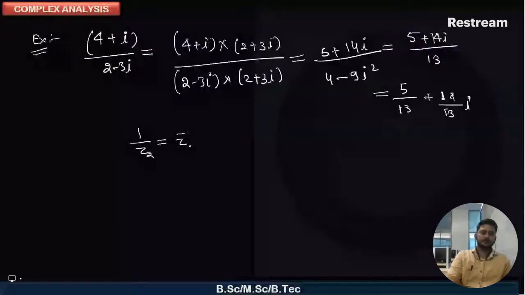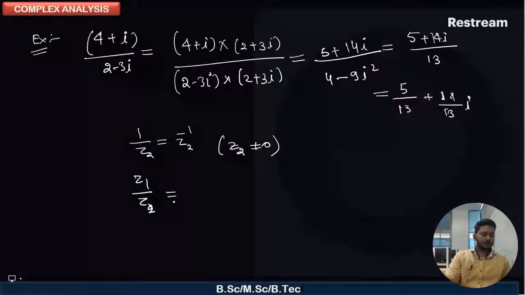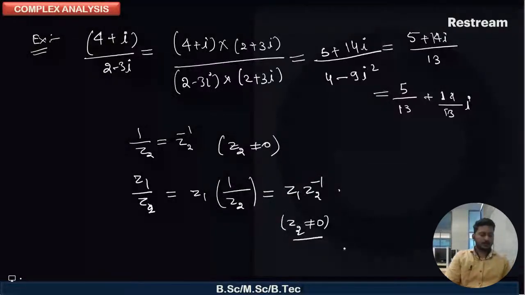We have one more property, which is z1 upon z2, written here: put the conjugate of z2 and it gives you the inverse. Okay, and z2 is not equal to 0.